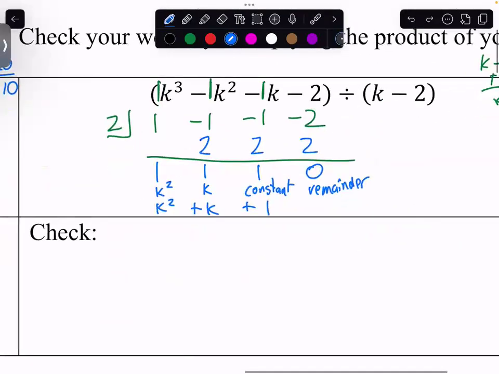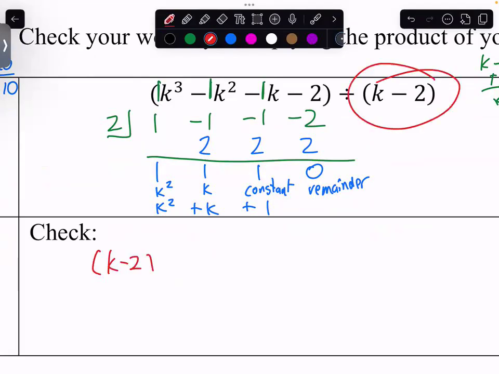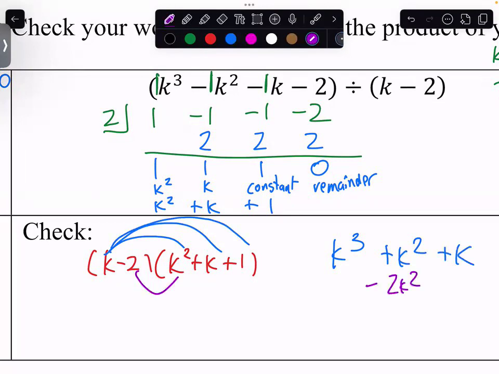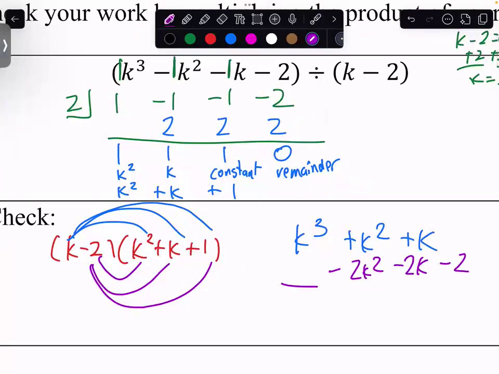Okay, so I think that's the answer, but again, we want to get in the habit of checking our own answers. So we multiply together what we divided by and what we think is the answer. Okay, so k cubed plus k squared plus k minus 2k squared minus 2k minus 2.